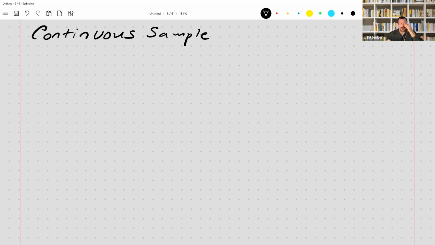Okay. Some data is continuous, but we treat it like discrete, like money and time. Time is continuous. However, we don't usually measure time in that way. We usually talk about time as discrete data.